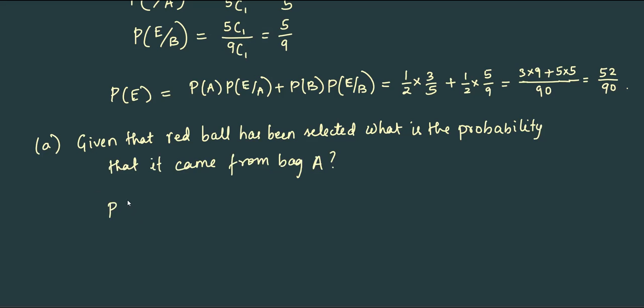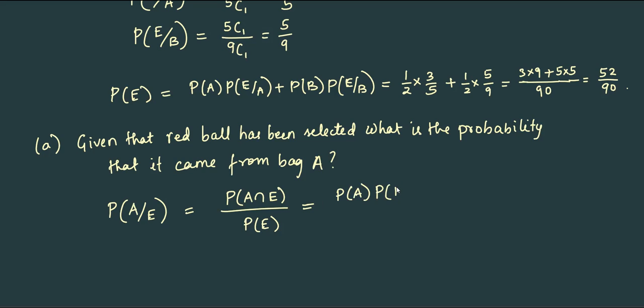Probability of A, given that this event E has occurred, is probability of A intersection E by probability of E. This is the probability that bag A has been selected and a red ball has been selected. So that is probability of A into probability of E given A, divided by probability of E.